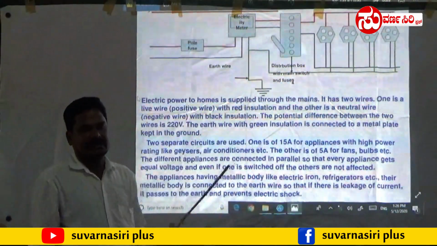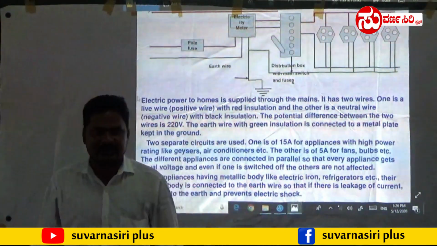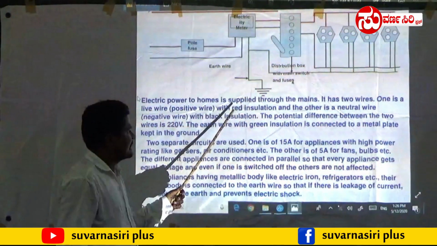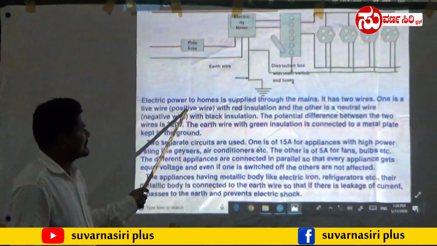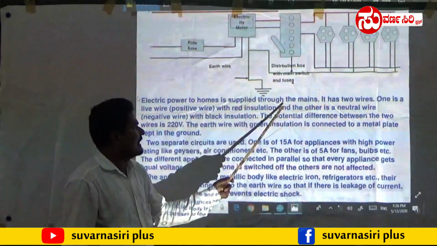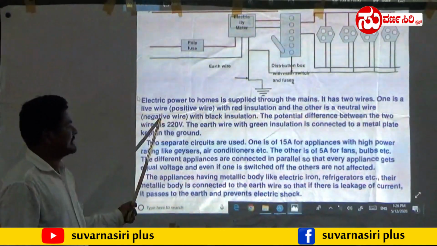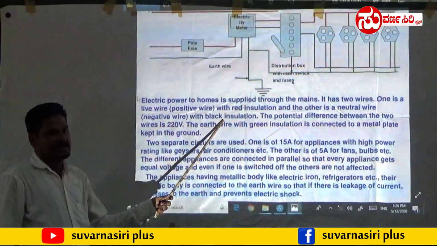In different countries they use different colors of wiring, but in India we use red insulation wire as the live wire. It is positive, and the other is the neutral wire, called negative. It has black insulation.